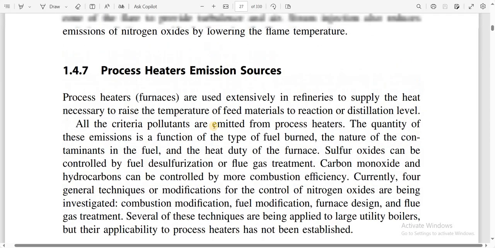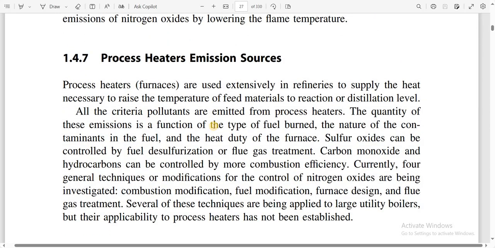Let's talk about the process heater emission source too. Process heaters, which are also known as furnaces, are used extensively in refineries to supply the heat necessary to raise the temperature of feed material to reaction or distillation level. All the criteria pollutants are emitted from the process heater. The quantity of this emission is a function of the type of fuel burned.